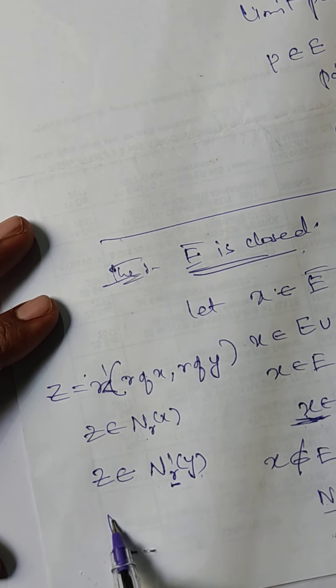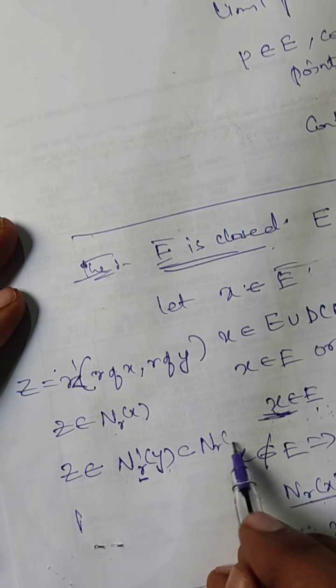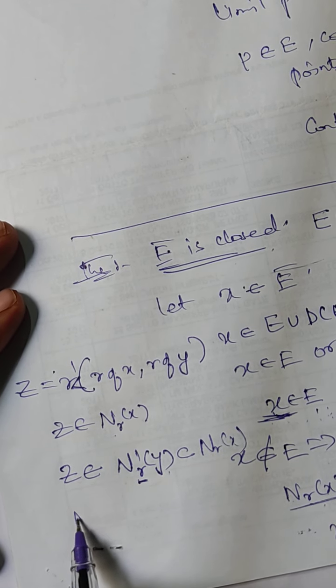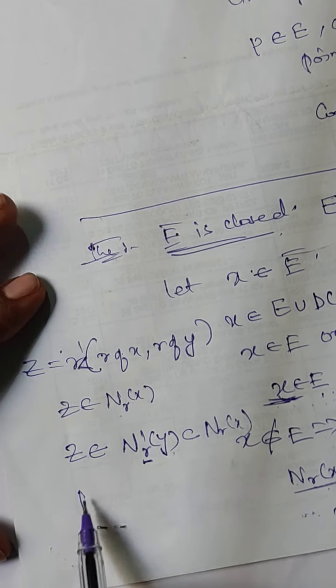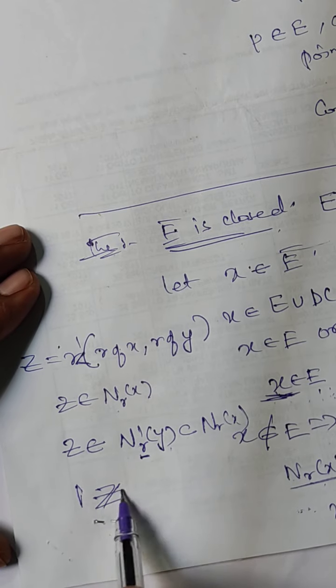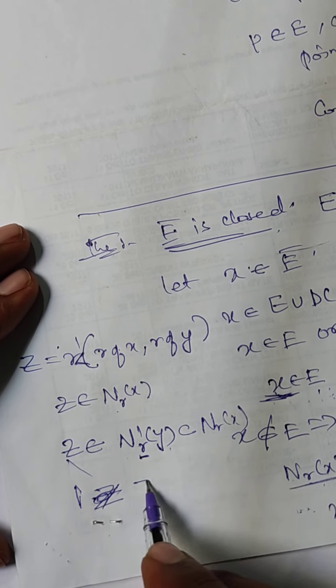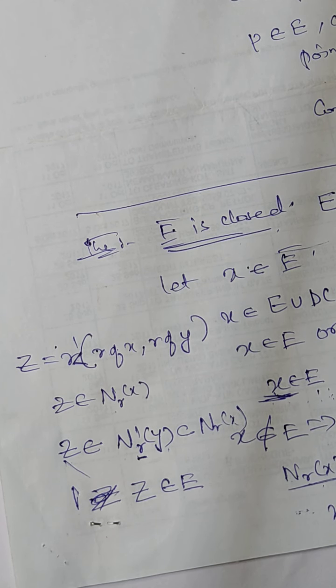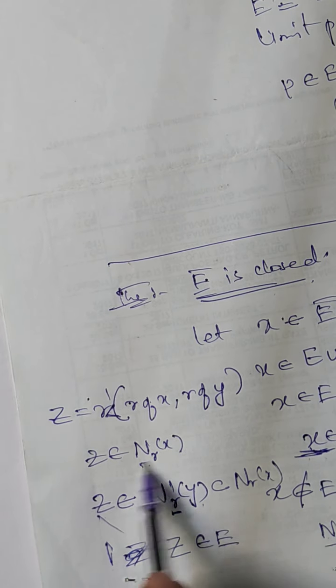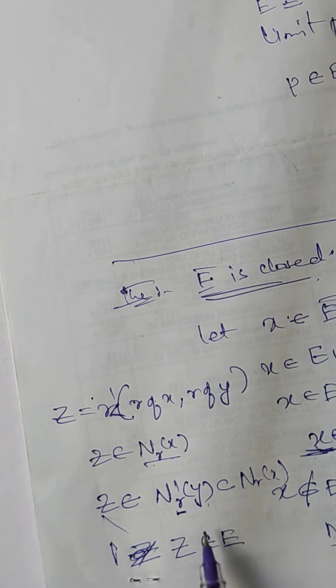That implies another point Z of E belongs to it. By this we can conclude that there are infinitely many points present in N_r(X) if you repeat this process infinitely many times. So hence we get that E closure is closed.